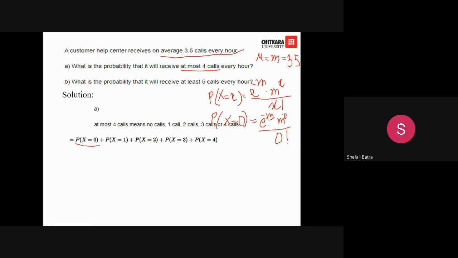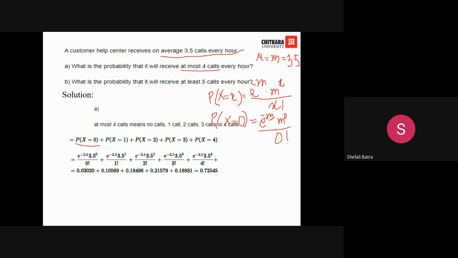For x is equal to 1, e raised to power minus m power 1 upon 1 factorial. For 2, e raised to power minus m square upon 2 factorial. Similarly for 3 and 4, up to 4 factorial. Then you add all the probabilities.